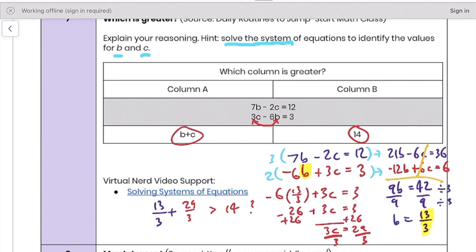So let's see, we get 42 thirds. 42 thirds is greater than 14. So 42 divided by 3 is 13? Yeah, 13. Oh, so is 13 greater than 14? No. So column B is bigger.